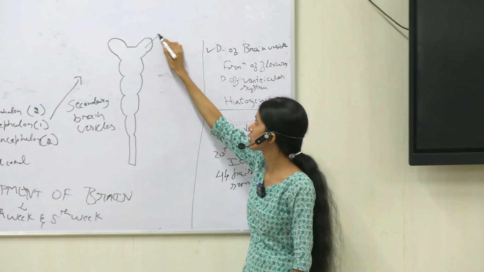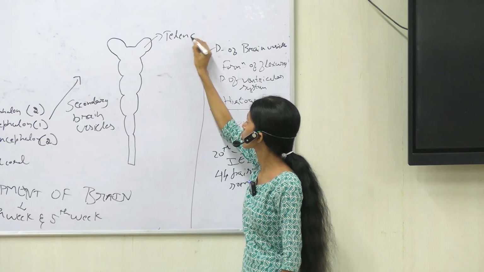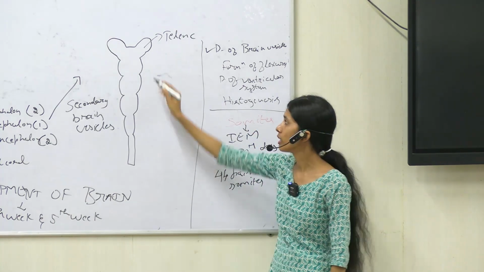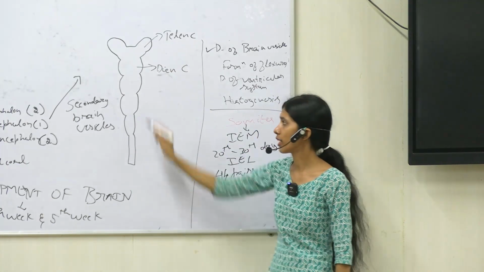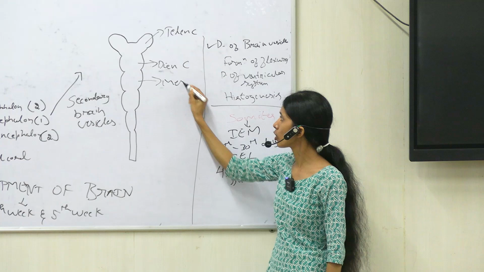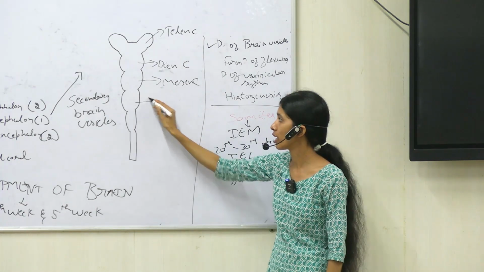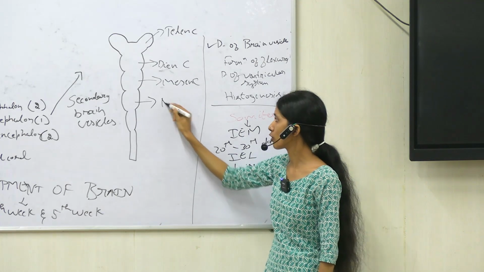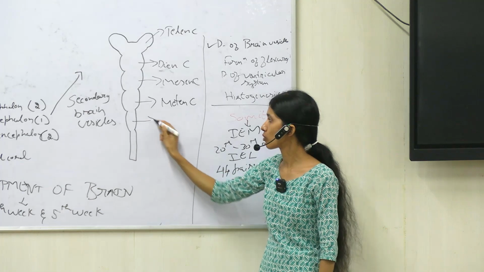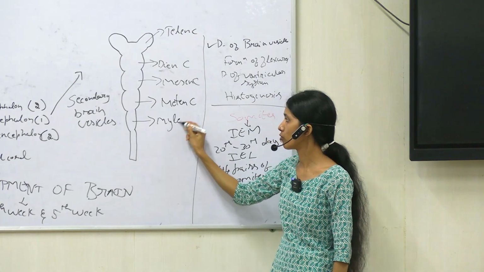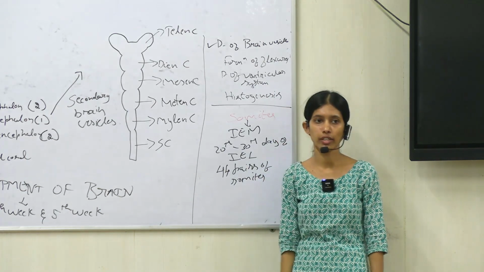The very first vesicle here is called telencephalon, then followed by diencephalon, then we have mesencephalon, which will remain the same, then we have metencephalon, and the last one is myelencephalon, and this will be your spinal cord.